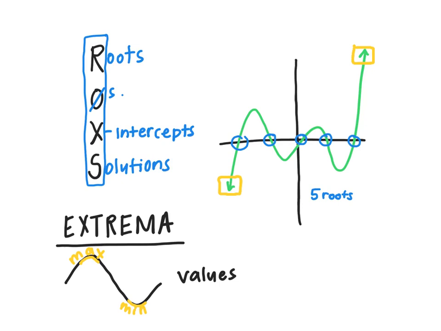But I want to think about how many local maximums or minimums I have. So I'm going to see here I have a local maximum, a local minimum, a local maximum, a local minimum. So we have 5 roots and 4 extrema, because I'm not going to count my infinities.